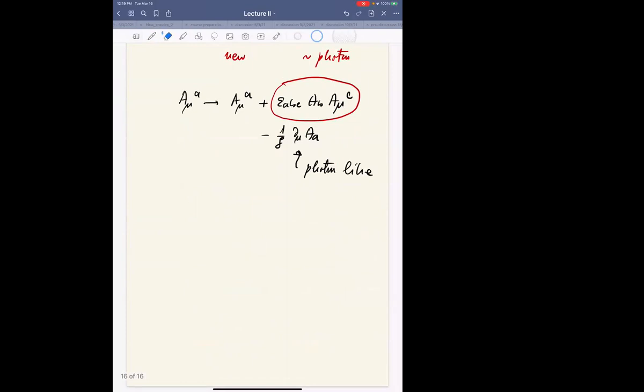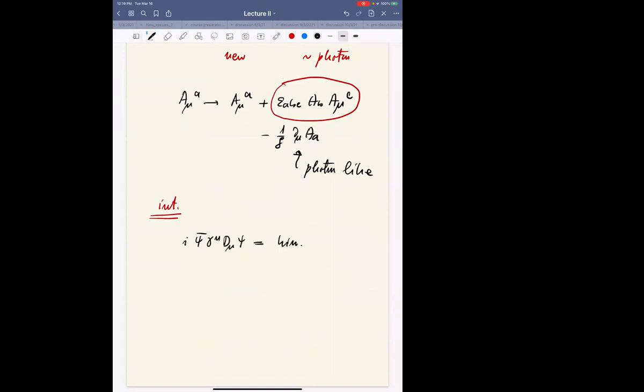So look how this interaction looks. We want to now develop the interaction. It comes from i psi bar gamma mu d mu psi, which has a kinetic piece.